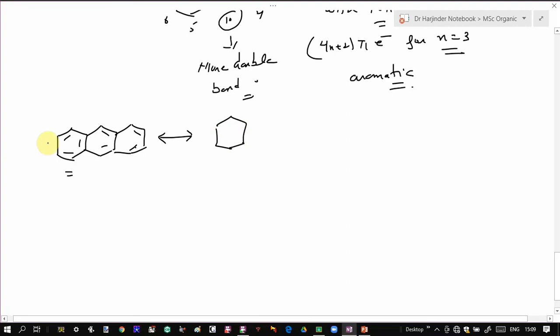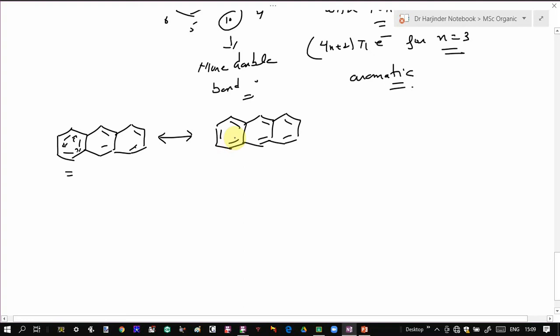I can rotate them like this, so that it moves over here, it moves over here, and over here. So you get a double bond over here, a double bond over here, and like this. Now you can see all double bonds go to the outer portion of the ring.